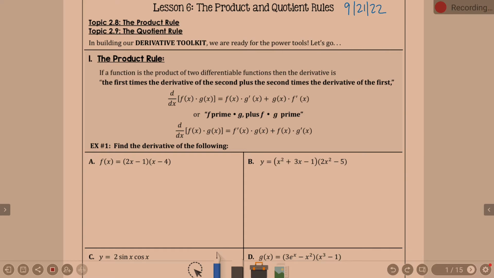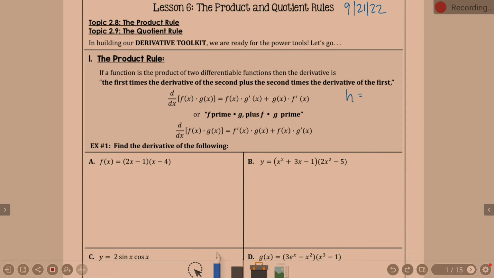The derivative of f times g: derivative of the first, times the second, plus the first times derivative of the second. Here it's keeping f and then g prime, whereas here it's f prime and keeping g. The idea when we get to quotient rule is more specific. For product rule, adding is commutative, multiplying is commutative, so it doesn't really matter the order we do this in. That's what it comes down to.